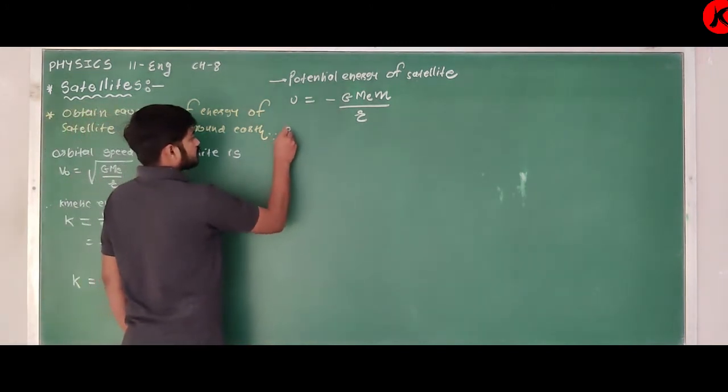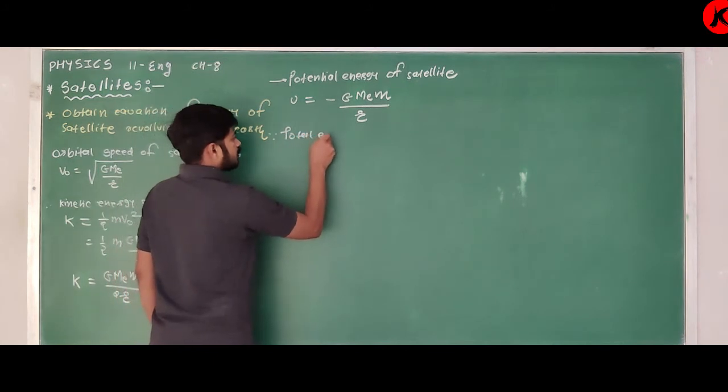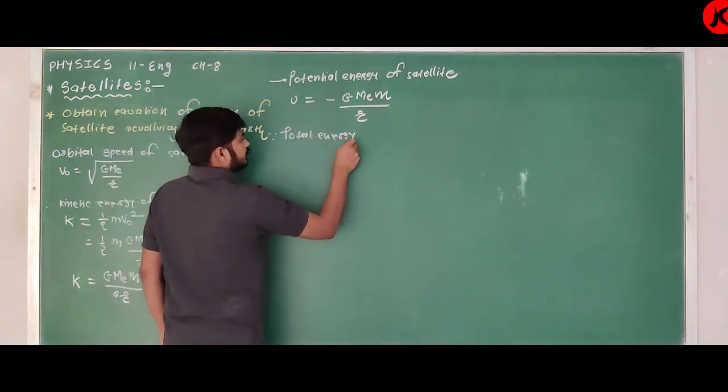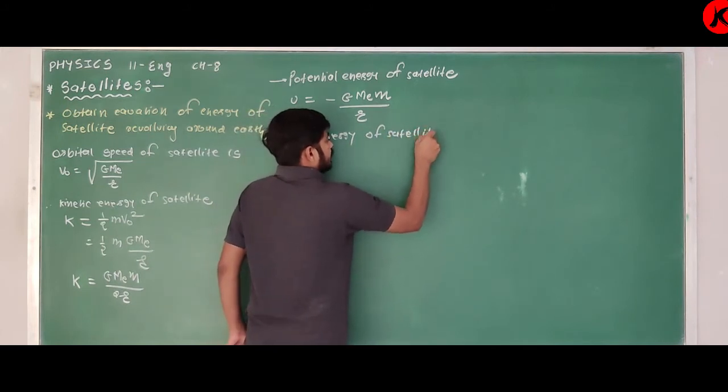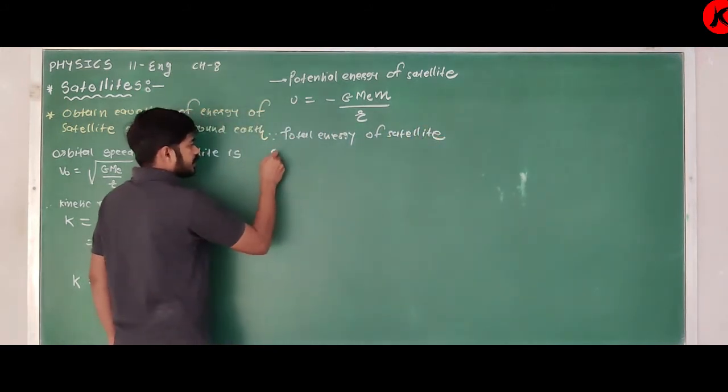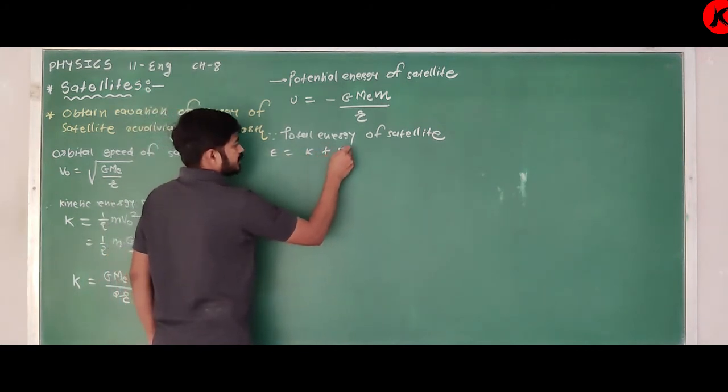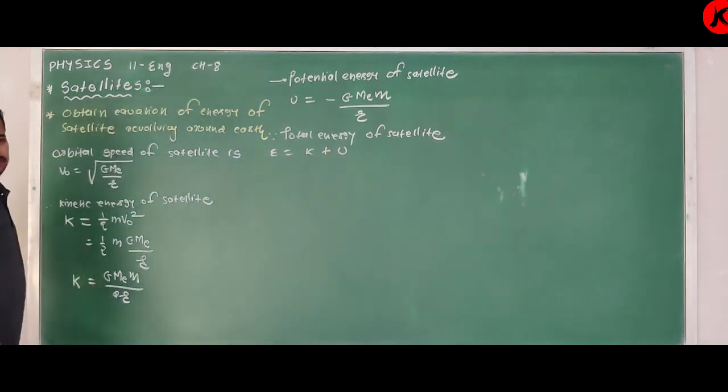So therefore total energy of satellite E is equal to K plus U, that is kinetic energy plus potential energy.